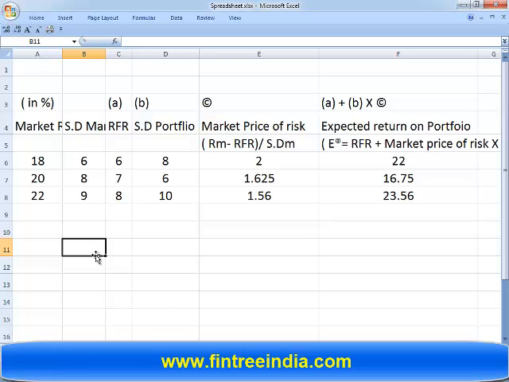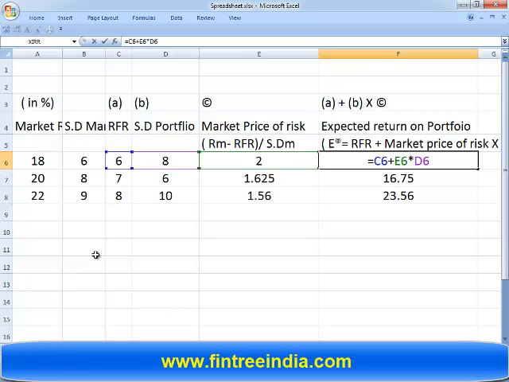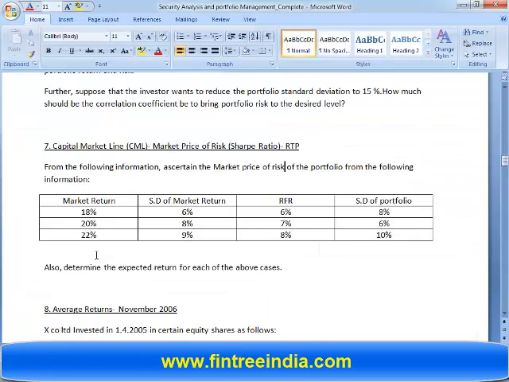Any question, any doubt, anything not clear, please ask. Which one? This one. A plus B into C. RFR plus market price of the risk multiplied with standard deviation of the portfolio. And market price of the risk is nothing but the Sharpe ratio. Okay, let's move on. Next question.